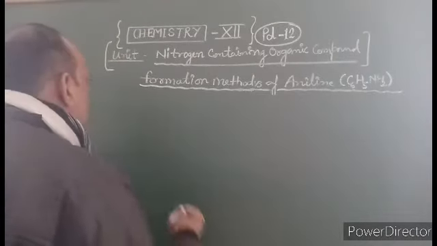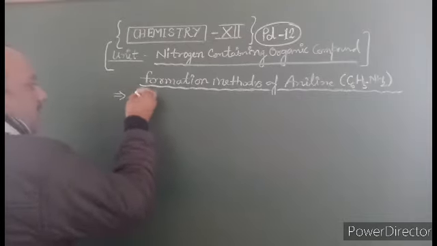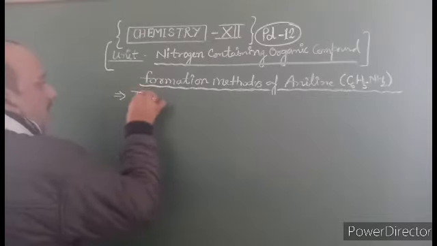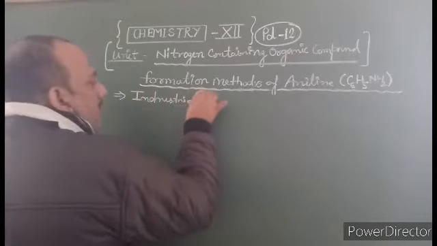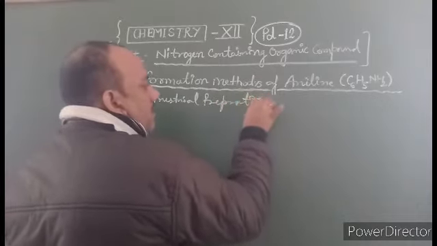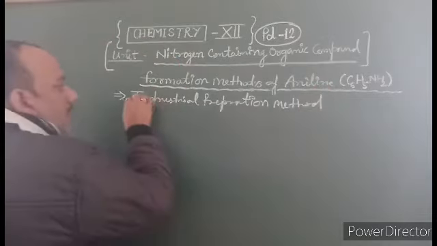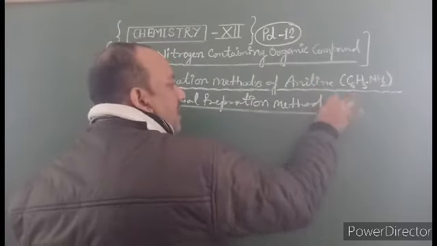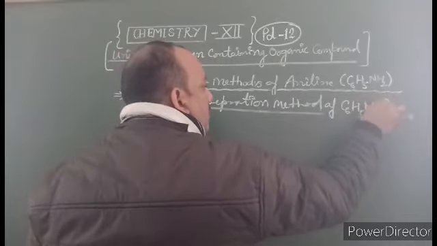Now the last method is most important for you. It is an industrial preparation method of aniline C6H5NH2.